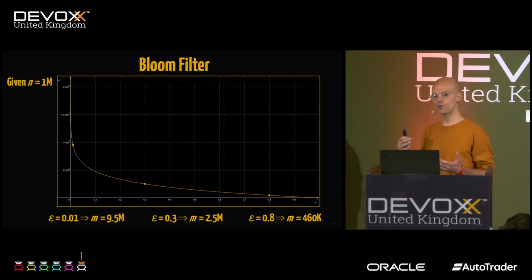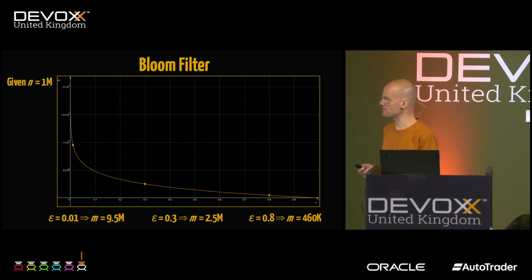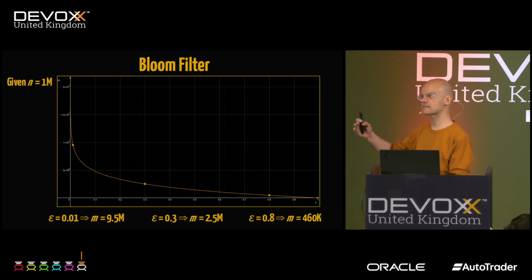So, as you might expect, the more we want the Bloom filter to be precise, the more memory we have to put into it. And that's quite obvious, I would say. But the nice thing to look at is how steep the curve is. So if we want to allow 10%, it's quite acceptable. The less error we want, the more the size in bits has to grow.